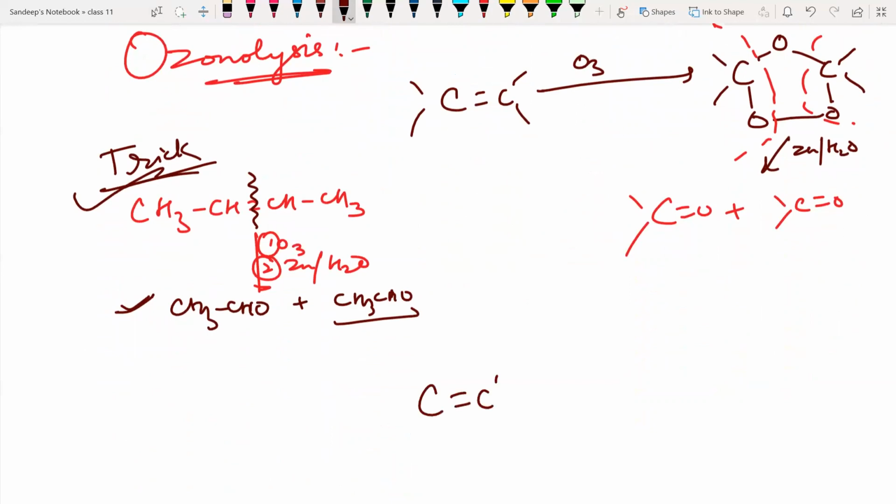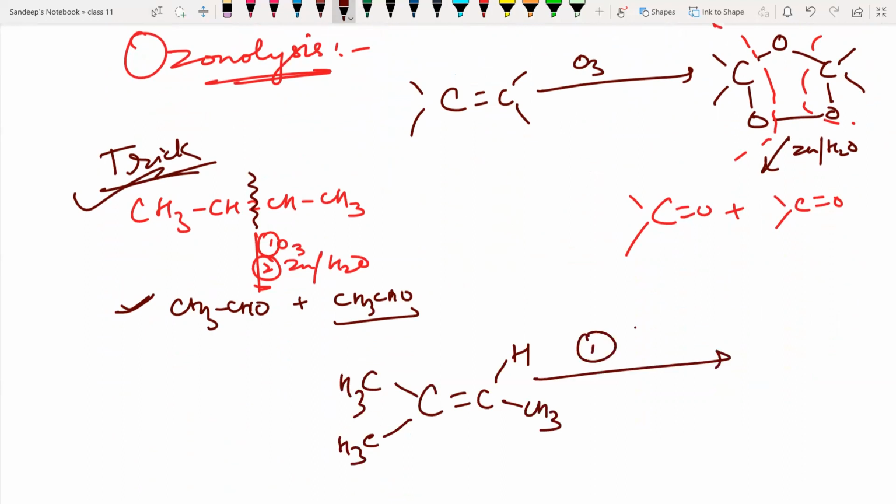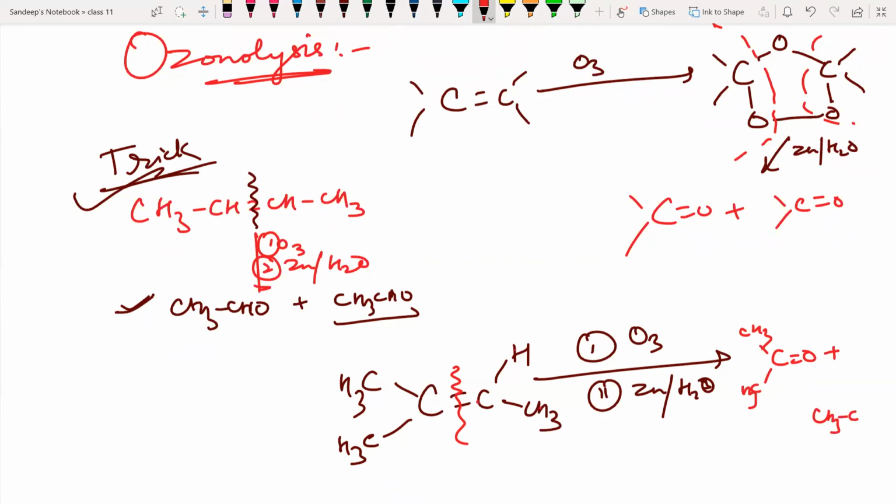Suppose you have this alkene. If they ask you what is the ozonolysis product, then what you need to do is just clip from here. This will become acetone. First is acetone and second will become CH3CHO. So it will become aldehyde.